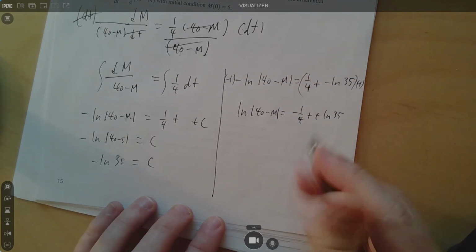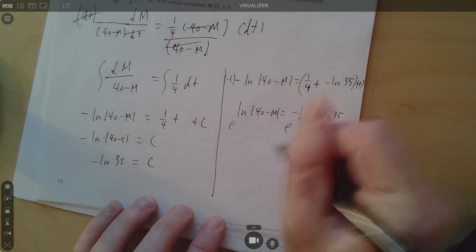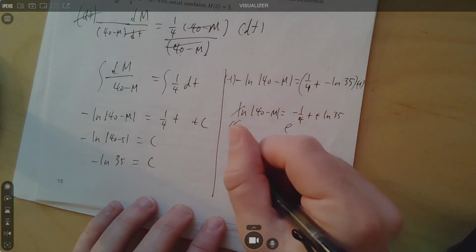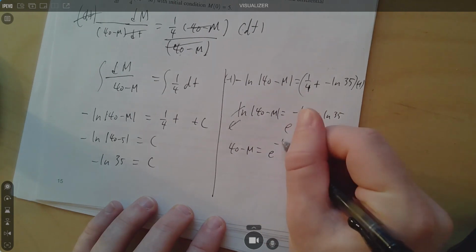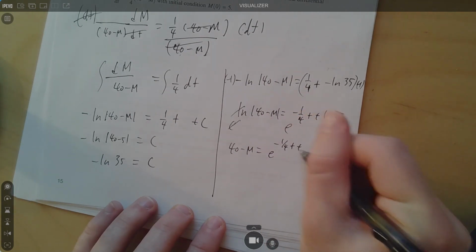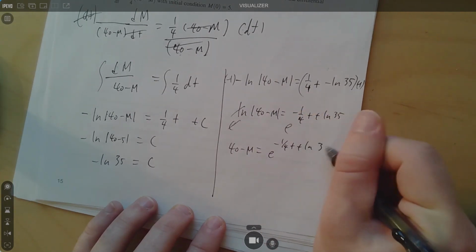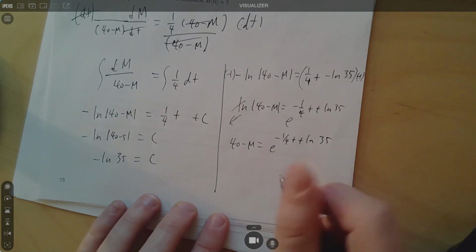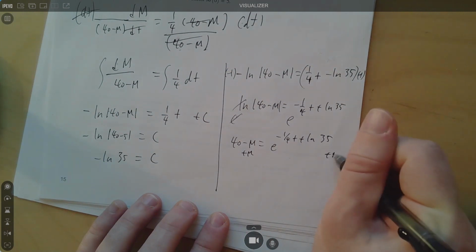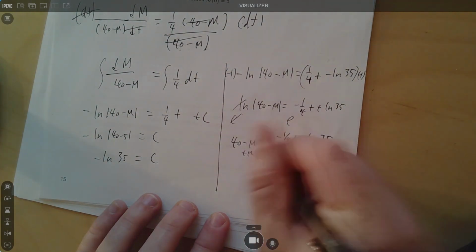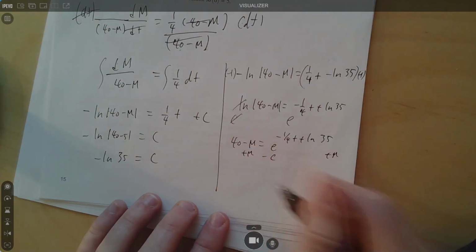Then we're going to exponentiate. That'll cancel the ln. We'll get 40 minus m equals e to the negative 1/4 t plus ln 35. We'll do a switcheroo here. We'll add the m here, and then we'll just subtract that e term over to this side.